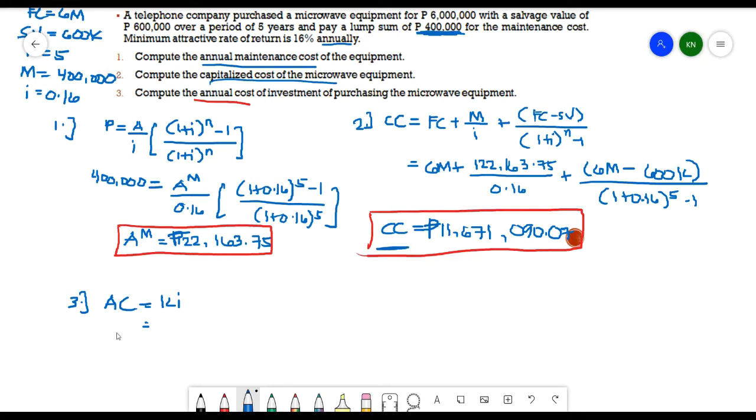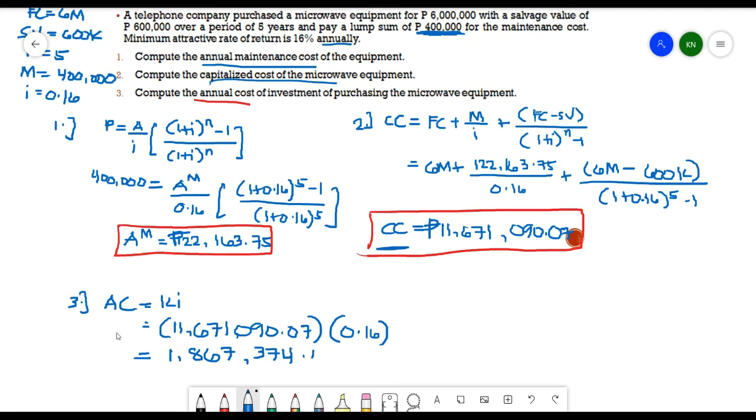So we have 11,671,090 pesos 0.07 times our I, which is 0.16. So our annual cost is equivalent to 1,867,374.41 centavos. So this is now our AC or the annual cost.